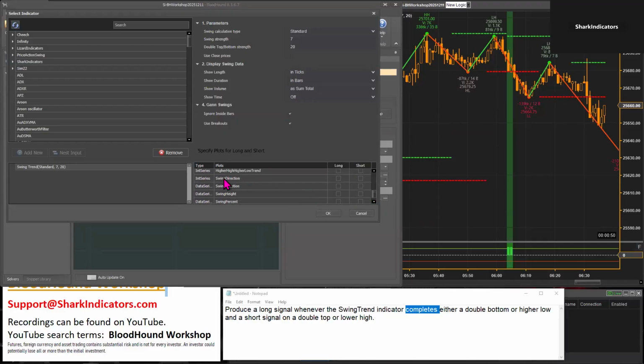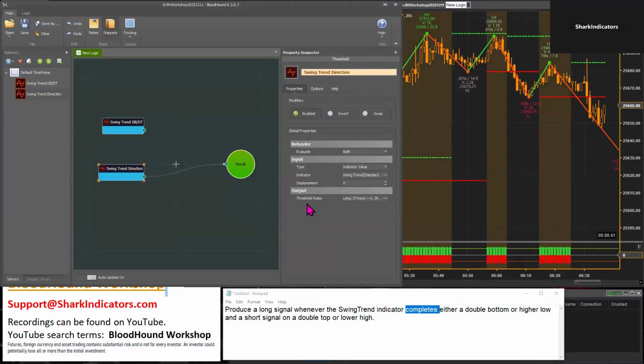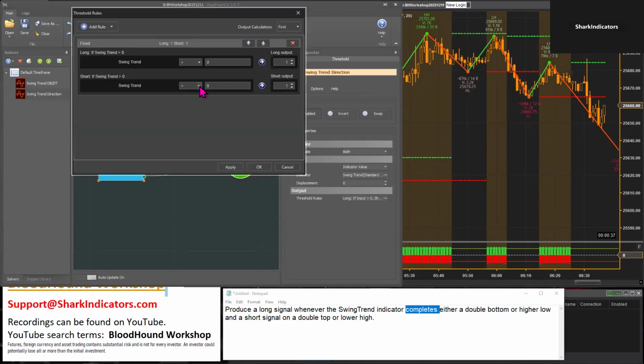Here it is at the bottom, the swing direction output. Select that, and we need to go into the threshold rules. We're going to put this back to its default, less than 0. And if we hit apply, there we go.